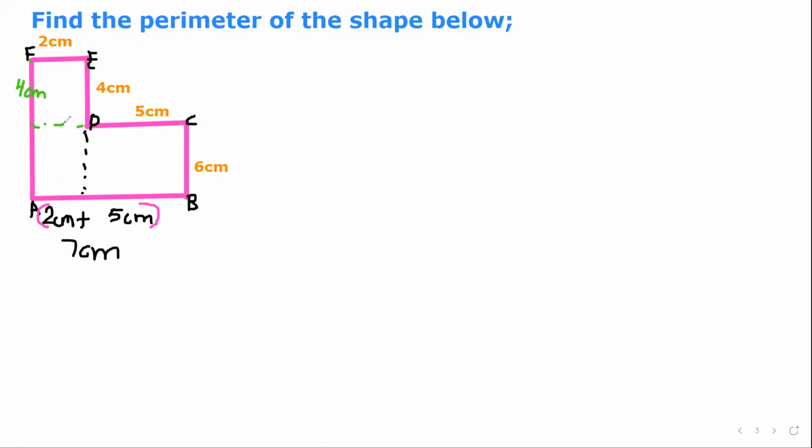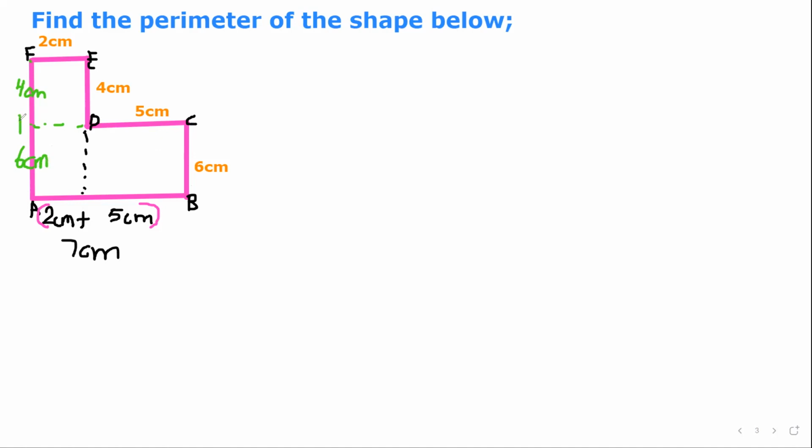When you extend the line to line FA, you can see clearly that they form a nice rectangular shape here. And the opposite of CB can be found on the line FA. So here too is what? 6 centimeters.